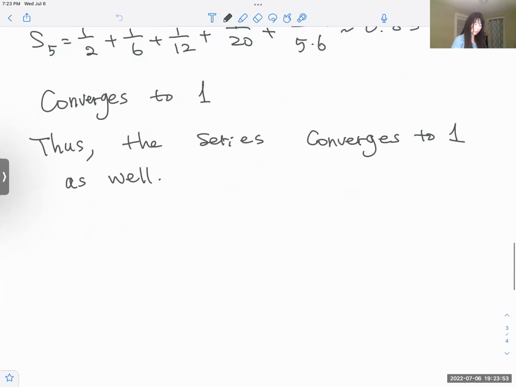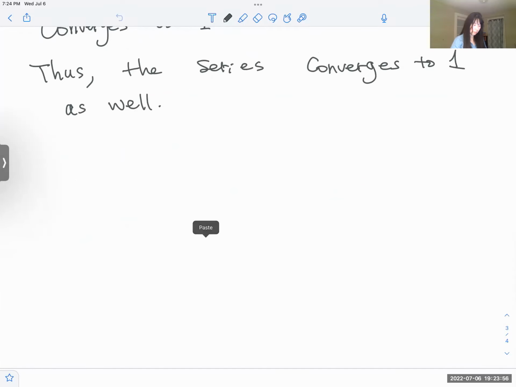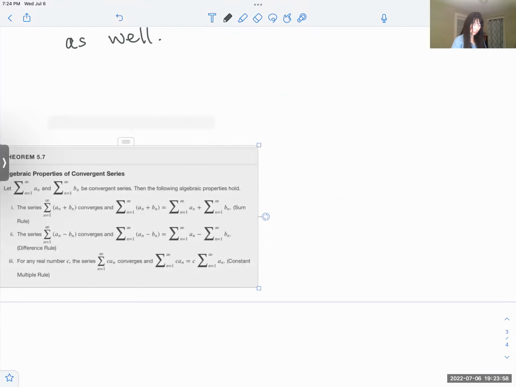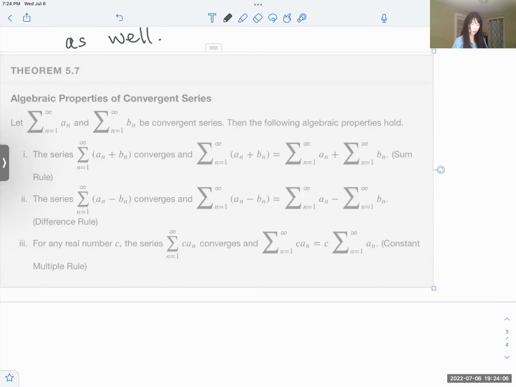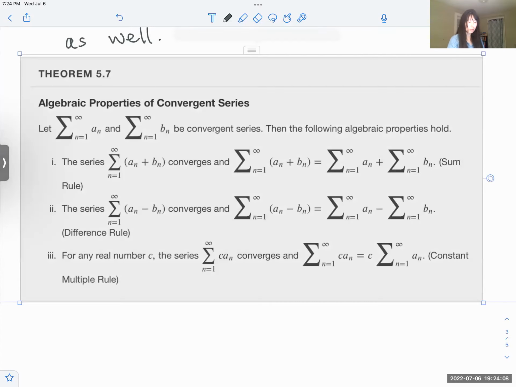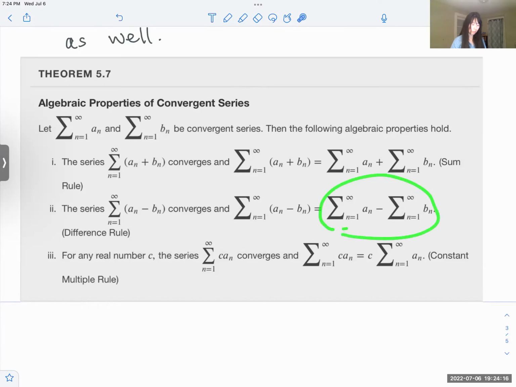Theorem 3.2: if the series converge, then we can split the sum rules, and we have subtraction. We have the constant rule, so we can take the constant out from the series here, okay? So we can do that.